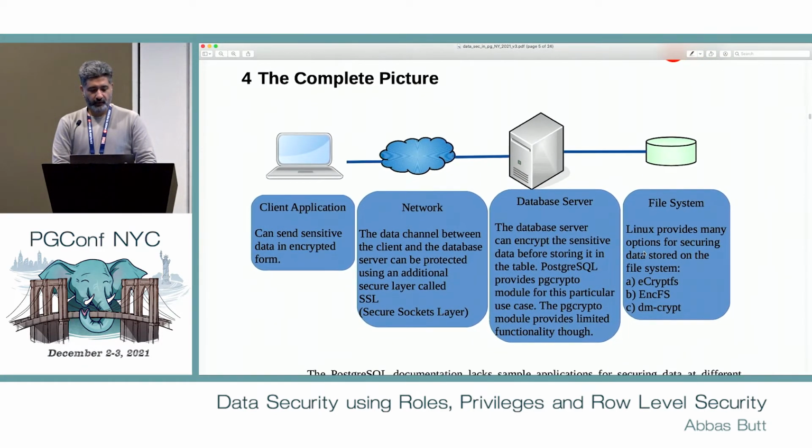Imagine you are dealing with sensitive information and you are using PostgreSQL. So what options do you have to secure your information while you are working on the system? The first option is that the client application can send sensitive data in encrypted form. Now to do that, the algorithms that I just described are used.